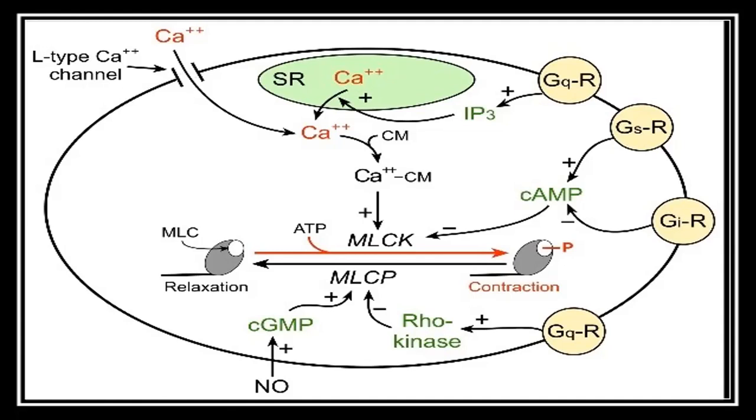Intracellular calcium channels in the sarcoplasmic reticulum of smooth muscle include the ryanodine receptor, which is similar to that found in the skeletal muscle sarcoplasmic reticulum, and the inositol 1,4,5-triphosphate gated calcium channel.